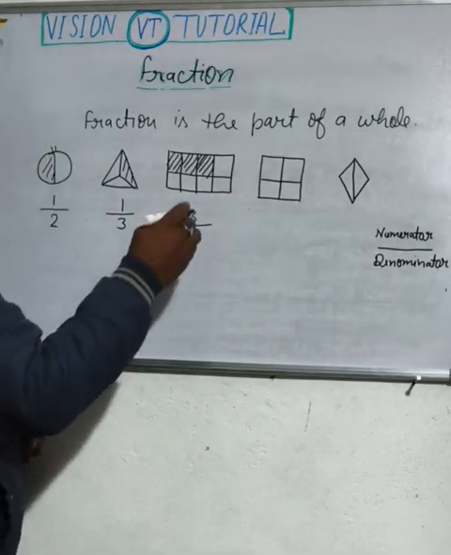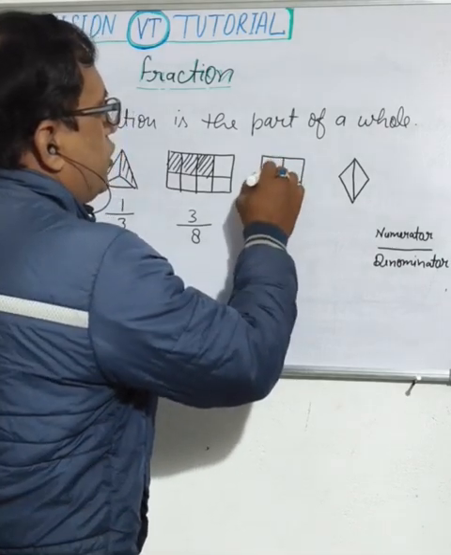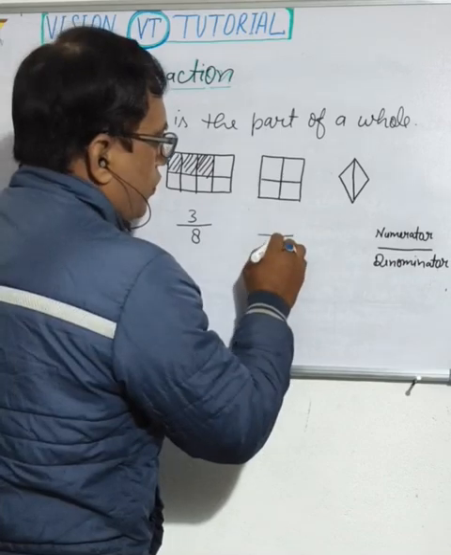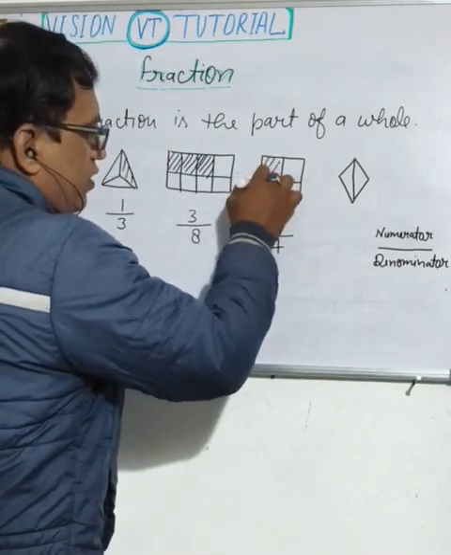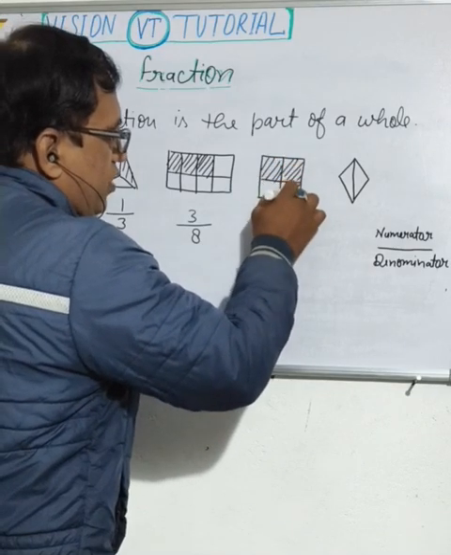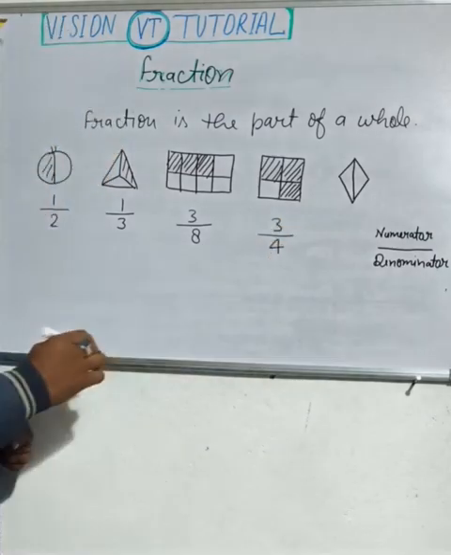Okay, the next one, this is a square. I have divided it into 4 equal parts. So 4 will be the denominator. And how many have I taken? Suppose I have taken 3. So this fraction will be known as 3 upon 4.